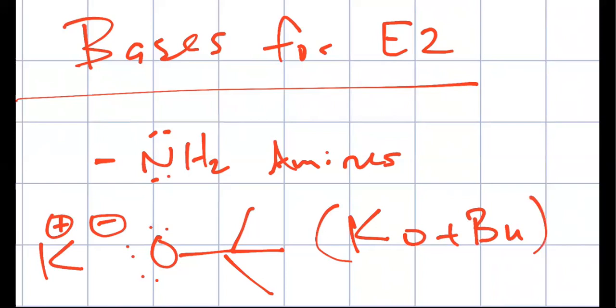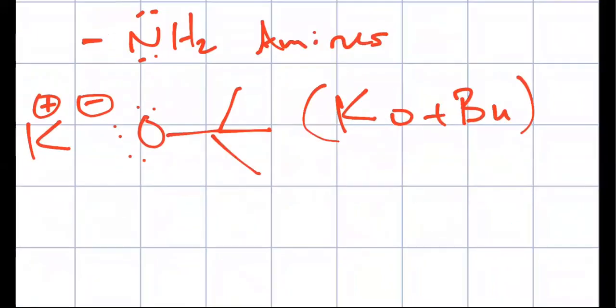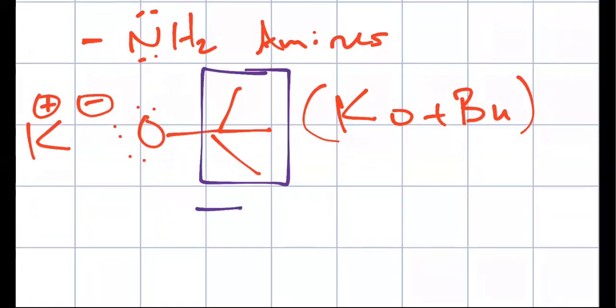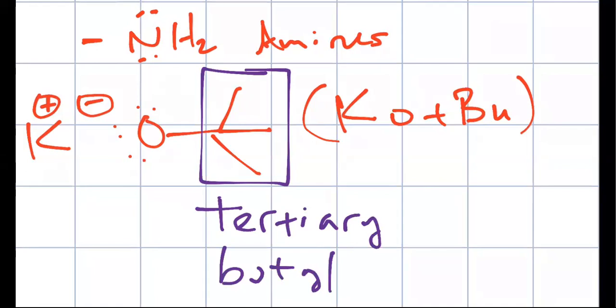You'll see it abbreviated as KOtBu. That's because of this group right here, the group that's attached to oxygen. This is a tertiary butyl group, and so the abbreviation for that is a lowercase t and then uppercase Bu.